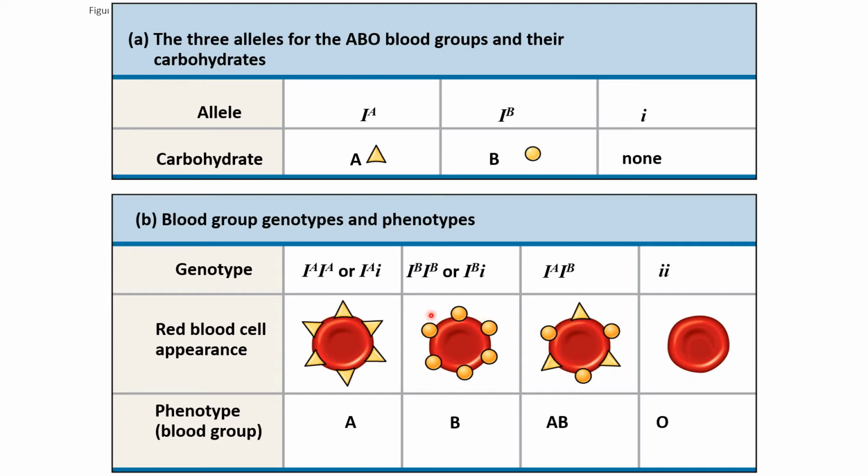So the genotype for blood A might come from IA both, or IA with the O allele, or IAi.